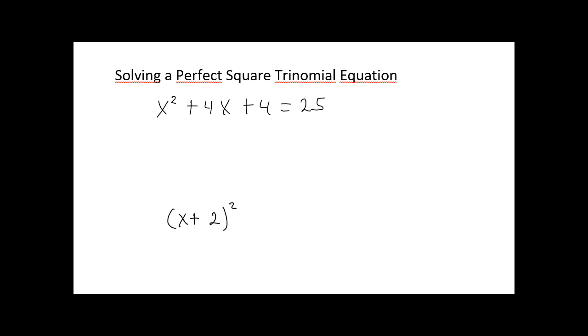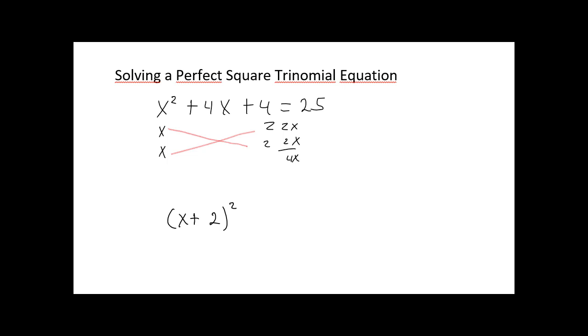Okay, remember how to factorize this? Well, we're just going to write factors of x squared, x and x, factors of 4, 2 and 2. Then we do cross multiplication, and we have 2x and 2x. When we add, we have the middle term 4x.